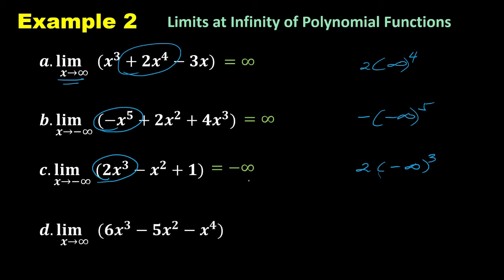And finally, for this set, we have the limit of 6x cubed minus 5x squared minus x raised to 4 as x approaches infinity. So we have this as our term with the highest degree, and we have negative of infinity raised to 4. So infinity raised to 4, we would be having a very large number times a negative number, and that would be negative infinity.